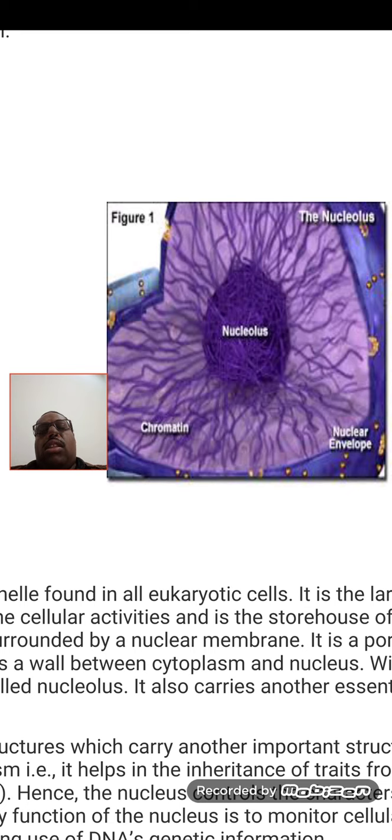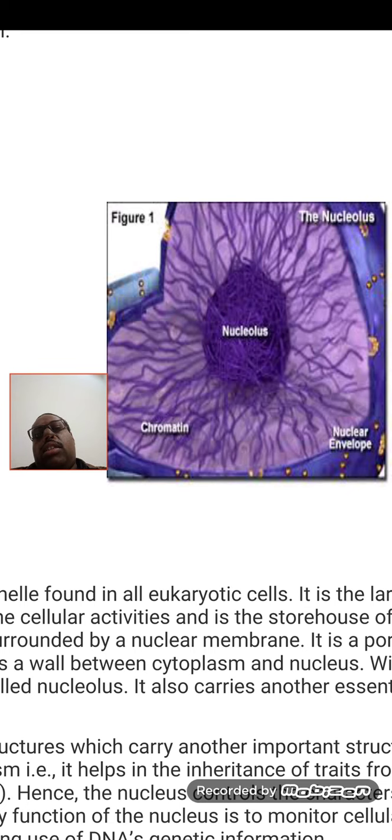Almost all other times, whenever the cell is not dividing, it is inside the cell as a thread-like structure called chromatin.